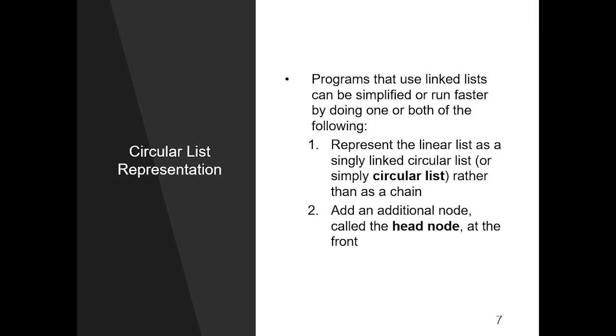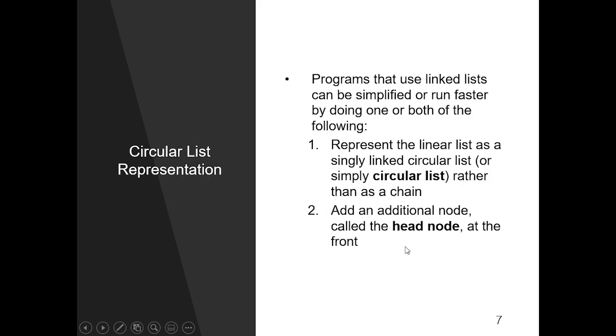In the singly linked list, if you remember, we didn't have any such node. We just had a pointer first, and that pointer pointed to the first node in the list. So first was just a pointer, it was not a node. Here we are suggesting that we add a head node, and that head node would be a dummy node. It would be a node object, but it would be dummy. It won't store any data.